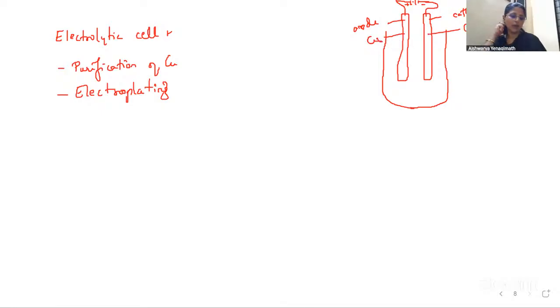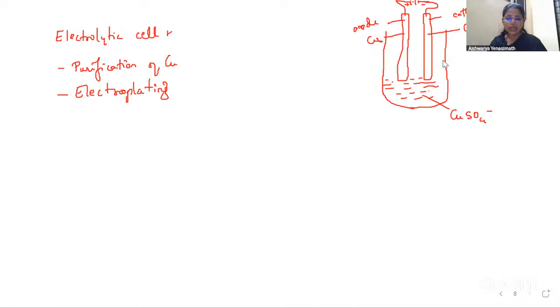Now what solution have I taken? The solution is its electrolyte only. The electrolyte I choose should contain this ion, so I'll take copper sulfate solution. The cathode is connected to the negative terminal, the anode is connected to the positive terminal.